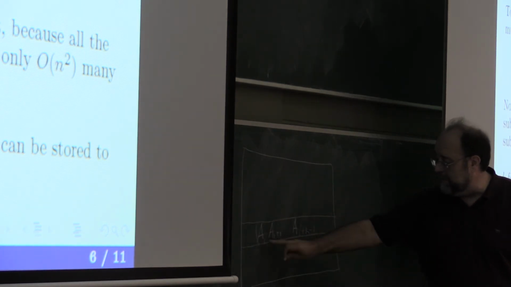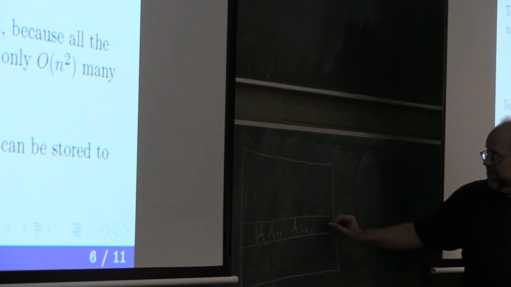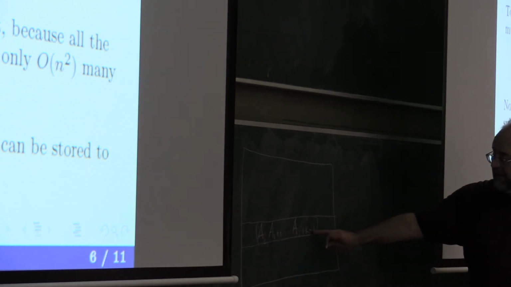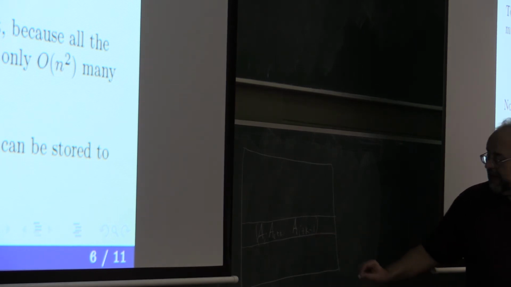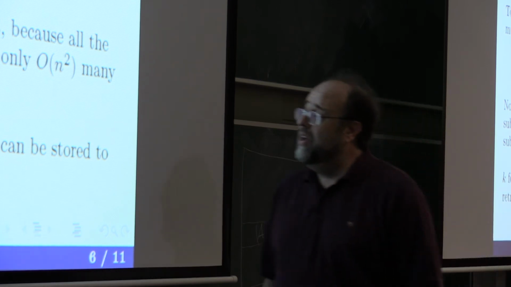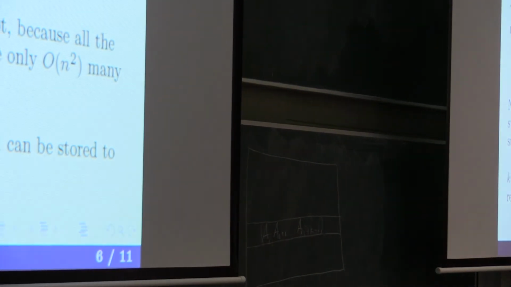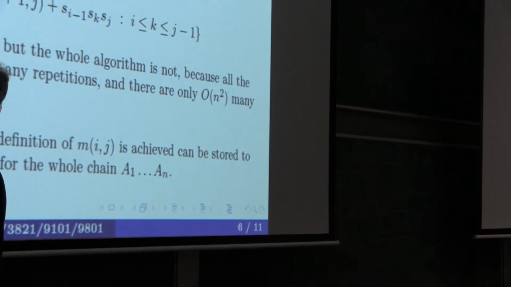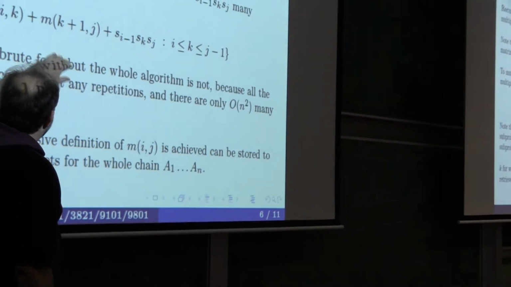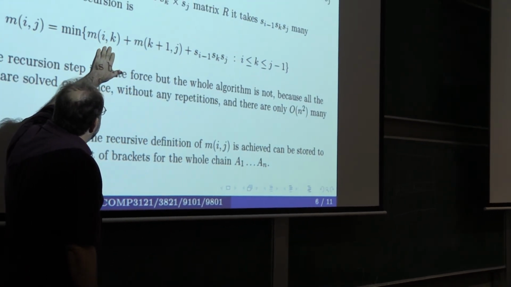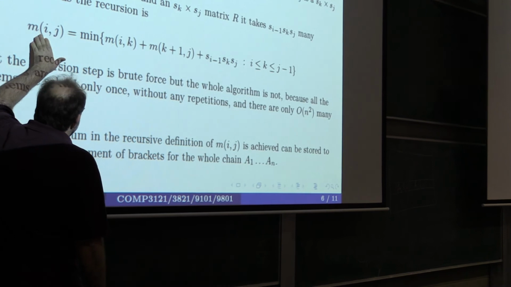So for all possible starting points, you will find all the products that contain k matrices, and then the recursion is correct because no matter where I break the chain from AI to AJ, if I break it at, say, position K, then K minus I is clearly shorter than J minus I.